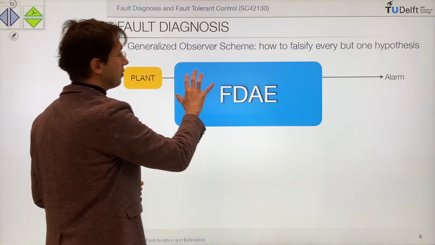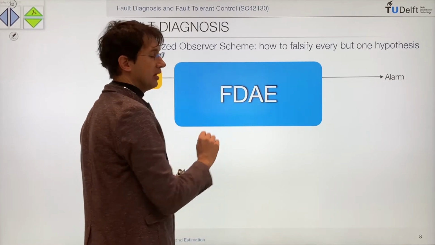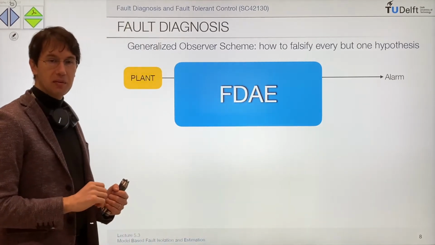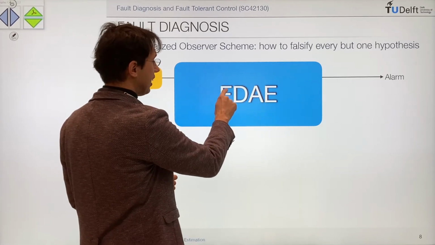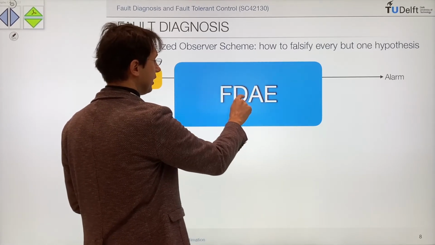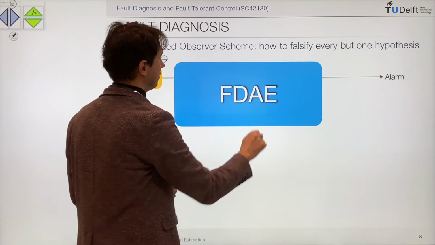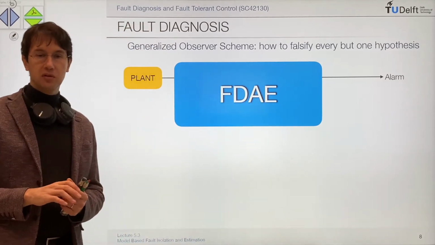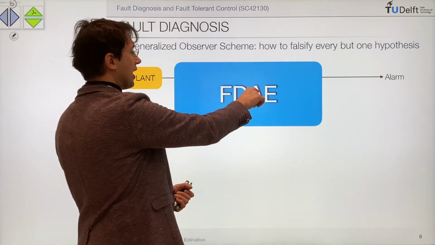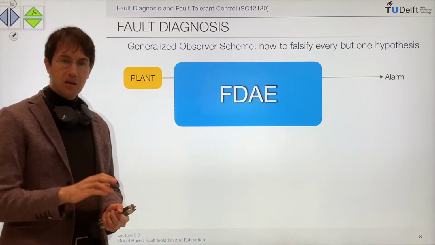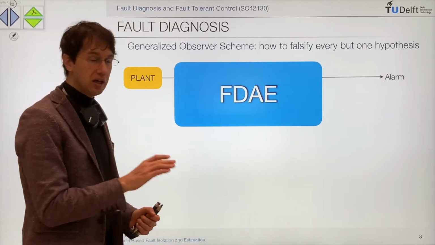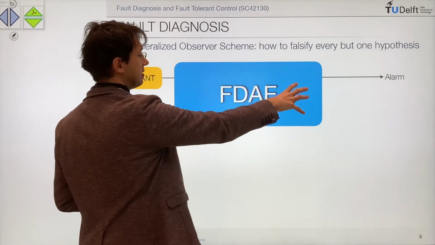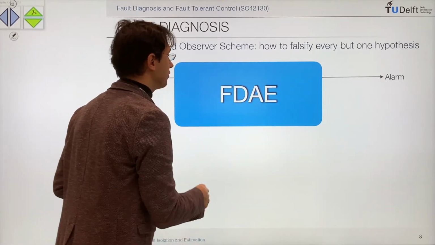One is going to implement the fault detection estimator, but actually now the name is a little bit different. This is FDAE, fault detection and approximation estimator. Don't worry too much about the approximator part. We will see in the next lecture what it does mean. But for now, just consider this is the estimator, the observer for detecting a fault.